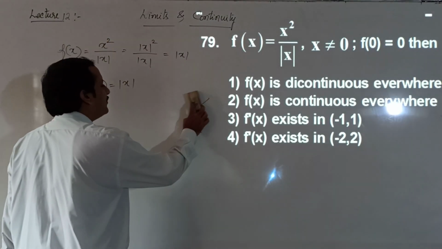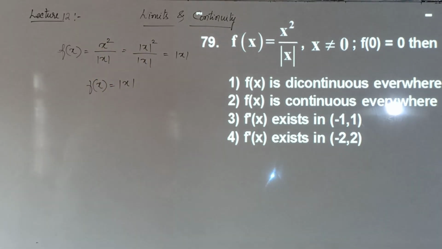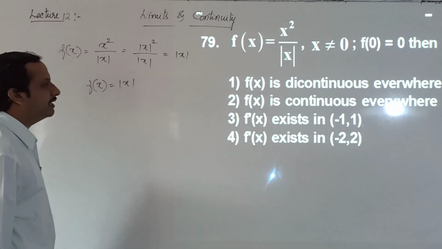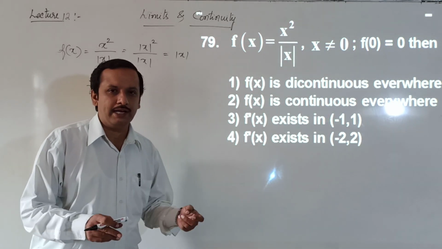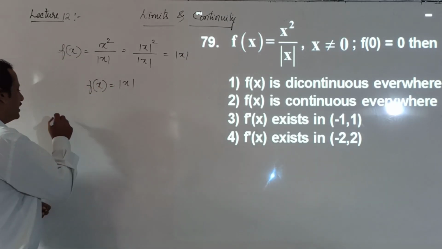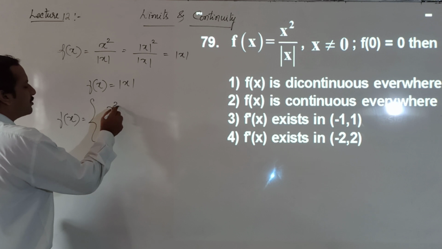See, if we can identify like this, that x square can also be written as mod x whole square, then well and good, directly we will get the answer. If you think, sir, if I don't identify, then what should I do? I'll tell you what to do. f of x equal to x square by mod x.